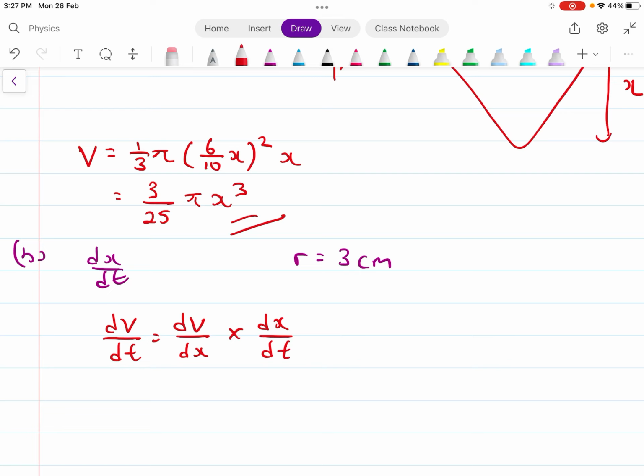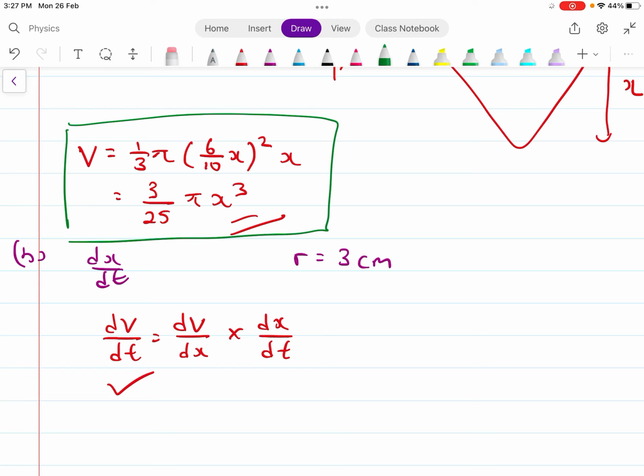We are given dV/dt. We are not given dV/dx, but we can find it, because there's always a reason why they ask us the first part. It helps us to get dV/dx. What we are asked to determine is dx/dt.